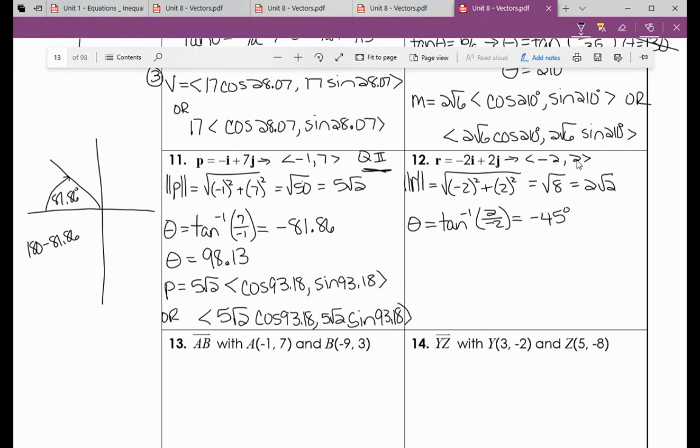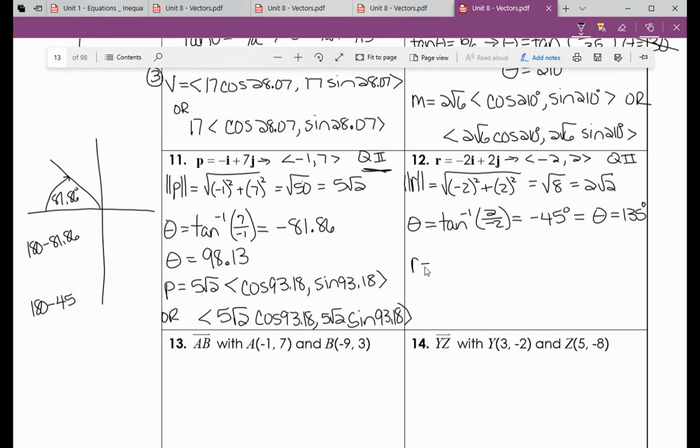Now, this vector is in quadrant 2. So I'm going to have to come over here and do like I did before. I'm going to take 180 and subtract 45, and that gives me my second quadrant value of 135.